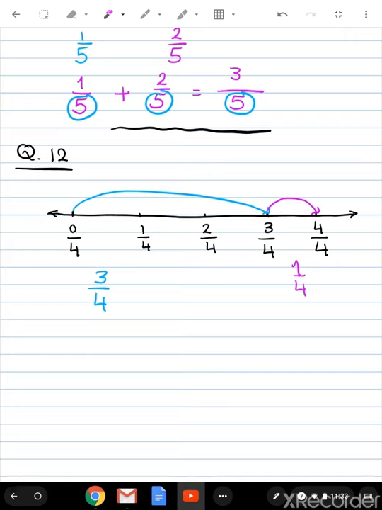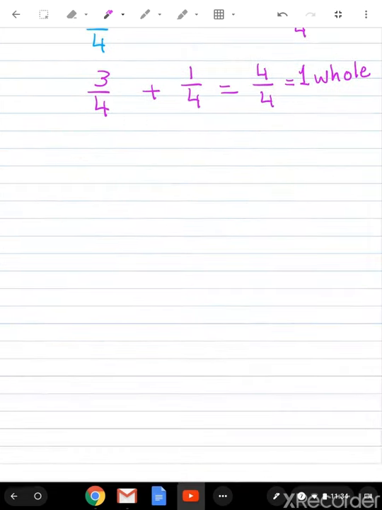If I want to add the total distance that I moved on the line of numbers, it will be the 3 out of 4, the first part, plus the 1 out of 4, which is a total of 4 out of 4. We reached 4 out of 4, or I can say that this is one whole, because 4 out of 4 is one whole. Again we will do another question for the line of numbers.